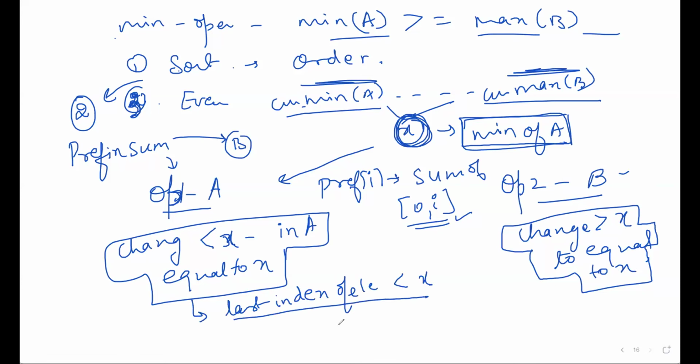Suppose that index is I, so you need to change all values from index 0 to I to x.